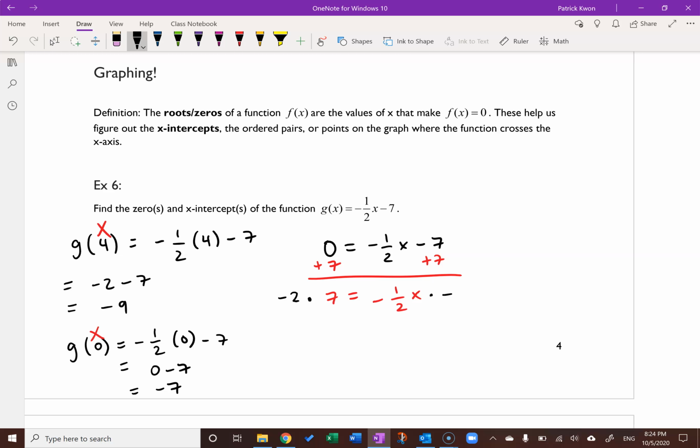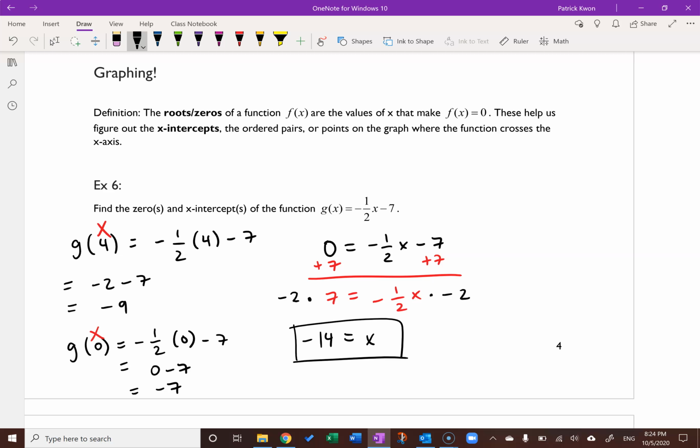So I'm going to multiply by the reciprocal, which would be negative 2. And the left-hand side will be negative 14. And then the right-hand side is just going to be x. So this is our final answer.